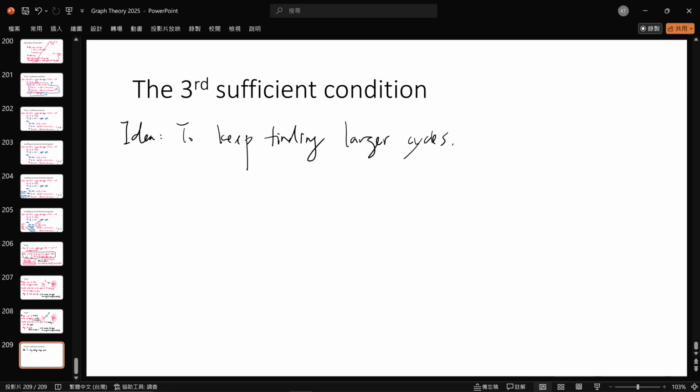So the basic idea is that first, we want to find any cycle C, and it is easy to find a cycle C. Given a graph, the algorithm is easy to check whether there's a cycle or not. So after you find a cycle, we try to find a larger cycle.